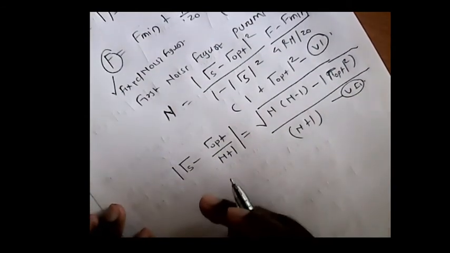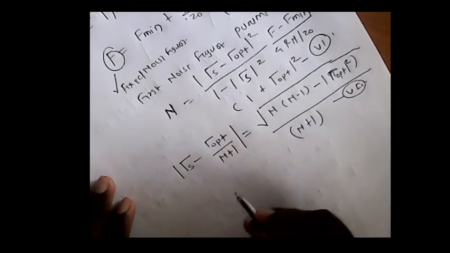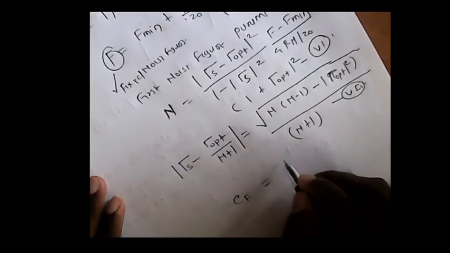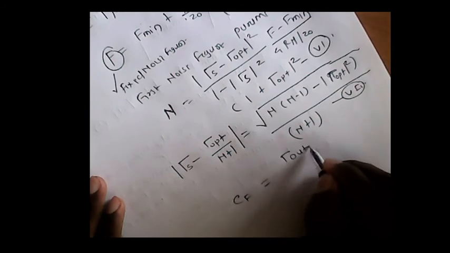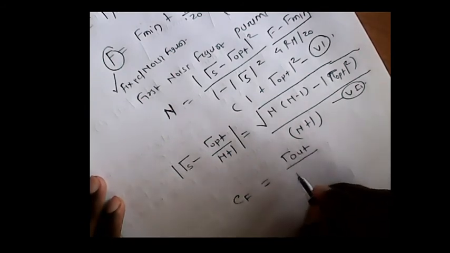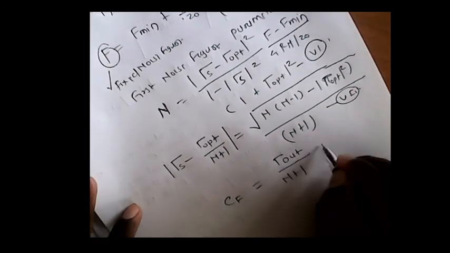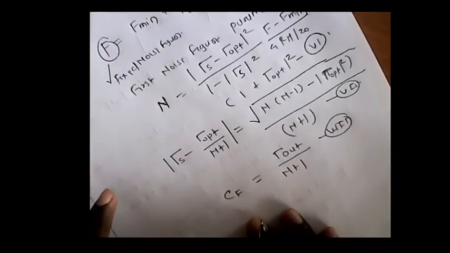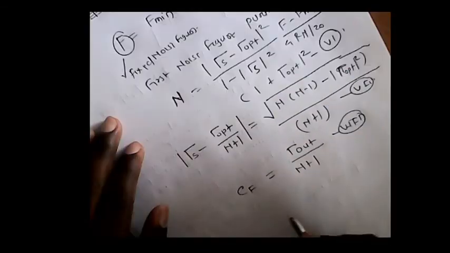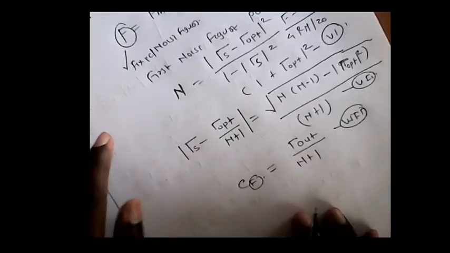So this result defines the constant noise figure circle. We can find out the locus of the circle from equation 7, that is the center is gamma optimum divided by n plus 1. This is equation number 8. It gives the center of the noise figure circle.